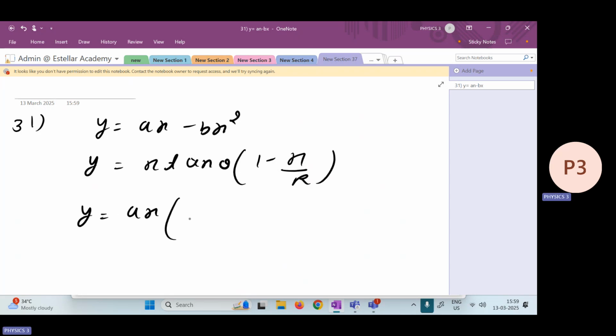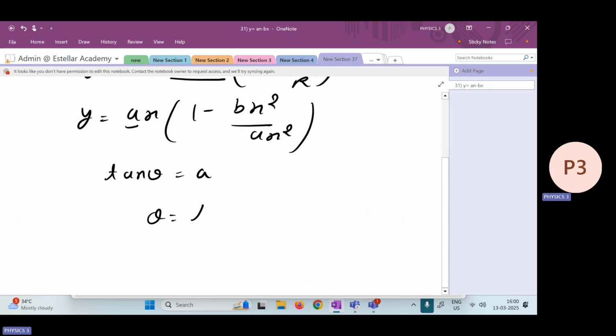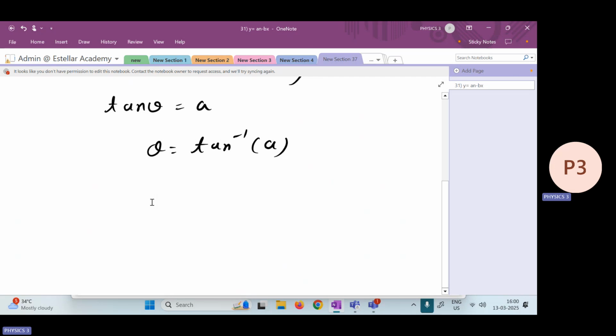We will take ax common, and it will be 1 minus bx square upon ax. So as we can see, in place of tan theta we have this a, so tan theta we can write as a. So theta in this case would be tan inverse a. So B option would be correct in this case, right?